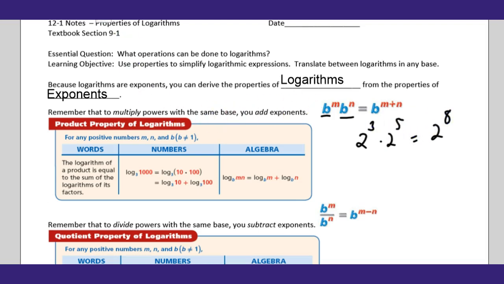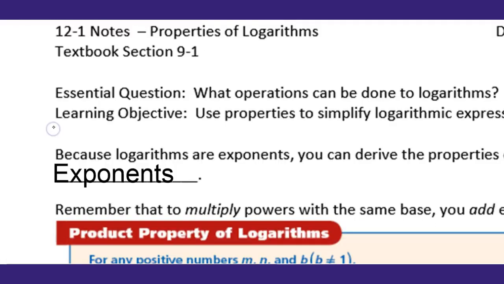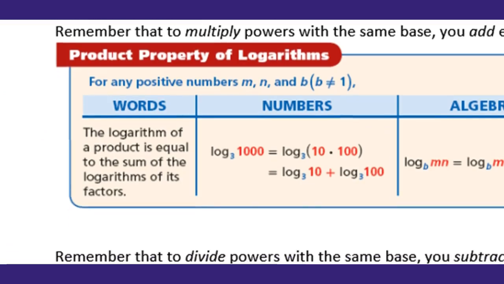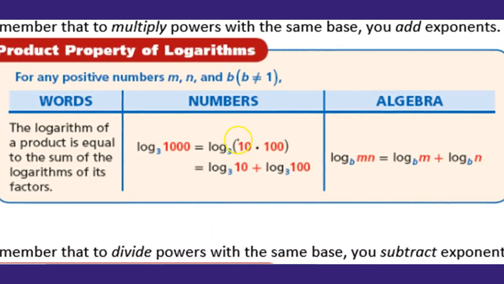Looking at these properties right here, the same thing applies, except with your A values. If I had log base 3 of 10 times 100, I can expand that, and they both have the same base.